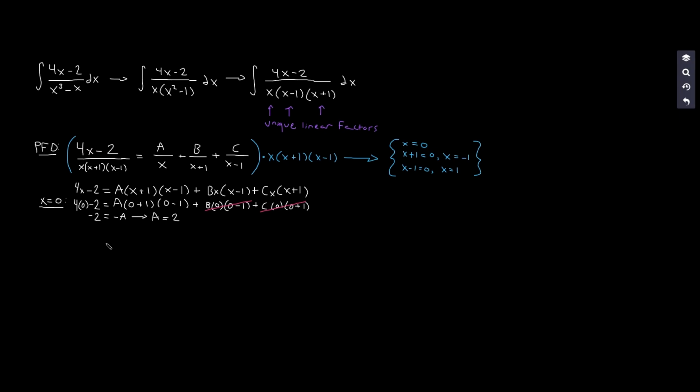Well, in the case where x equals negative 1, that's going to be 4 times negative 1 minus 2 equals A times (negative 1 plus 1) times (negative 1 minus 1), plus B times negative 1 times (negative 1 minus 1), plus C times negative 1 times (negative 1 plus 1).